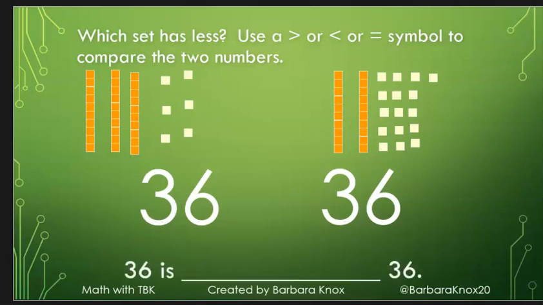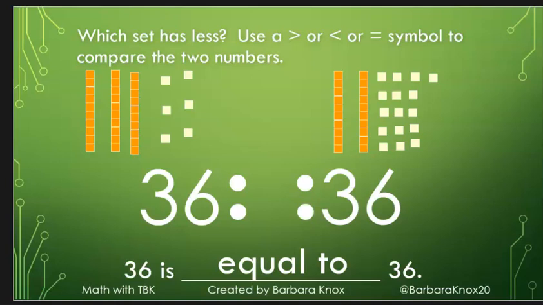Since 36 is the same value as 36, I make 2 dots next to each number. Then I connect the dots from side to side. I can now read this equality statement as 36 is equal to 36.